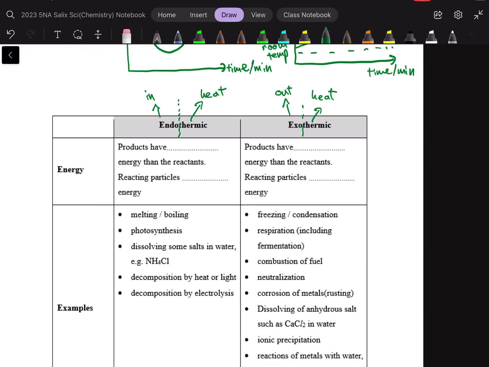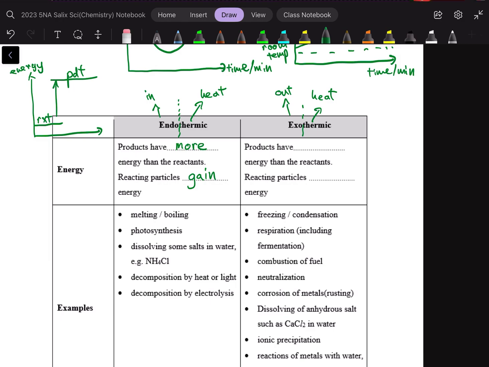So when you take in heat, essentially, let's say you are looking at the energy diagram, what you have is the reactant. Then the product will have more energy than the reactants. So basically the reactant particles gain energy.